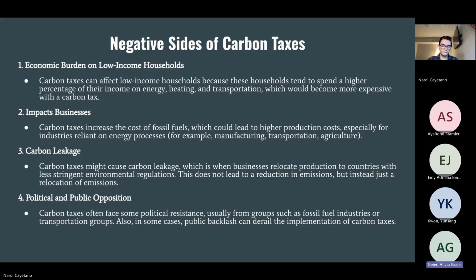Another negative side is political and public opposition. Carbon taxes can face some political resistance, usually from groups such as fossil fuel industries, transportation groups, and agriculture industries. In some cases, public backlash can derail the implementation of carbon taxes.